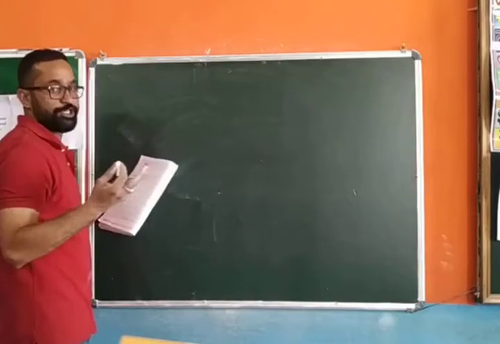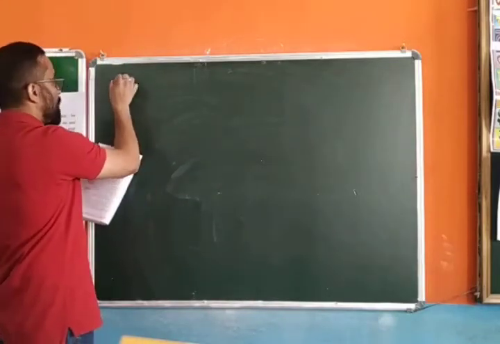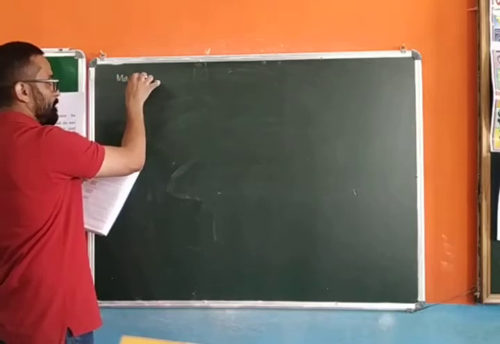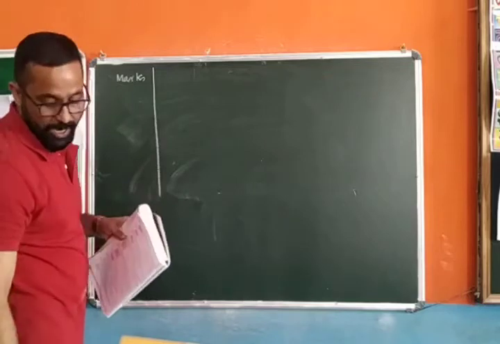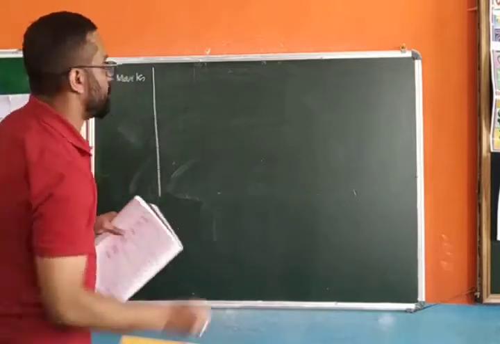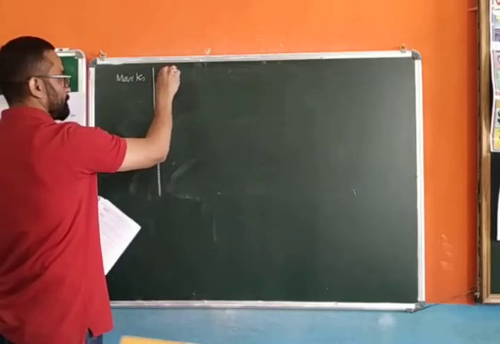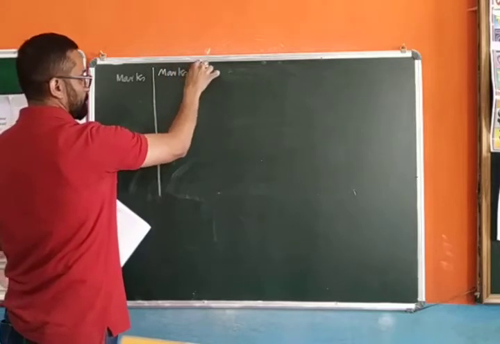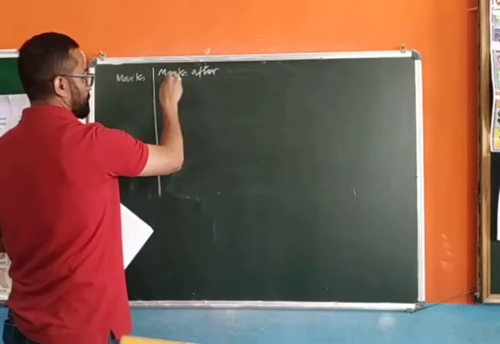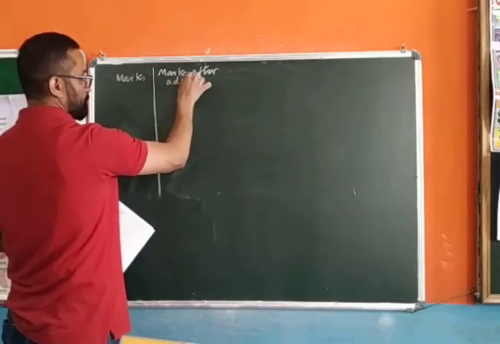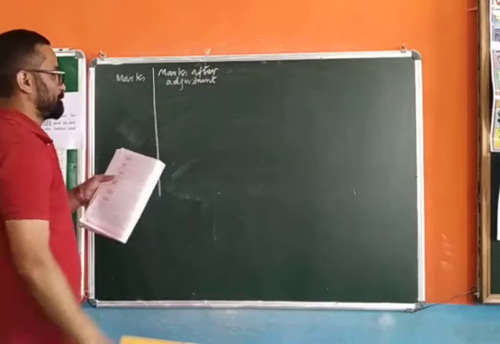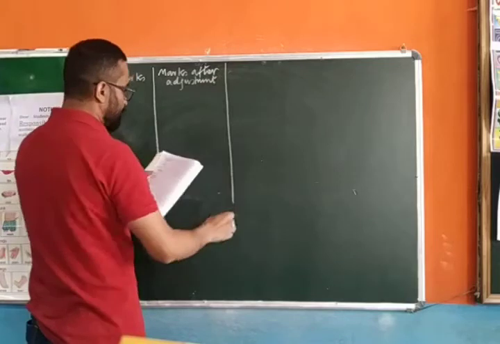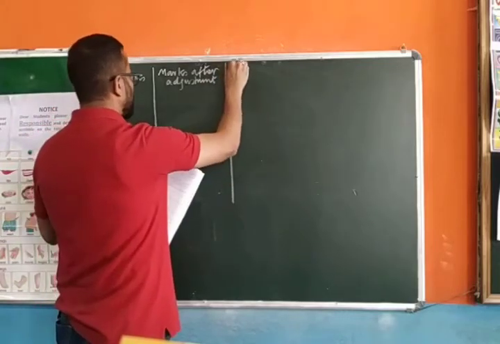So calculation is required. Marks. In the next column you write marks after adjustment. Then you write number of students.